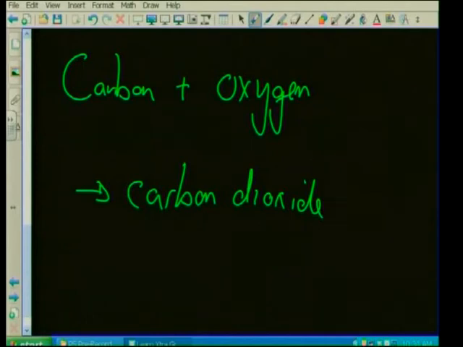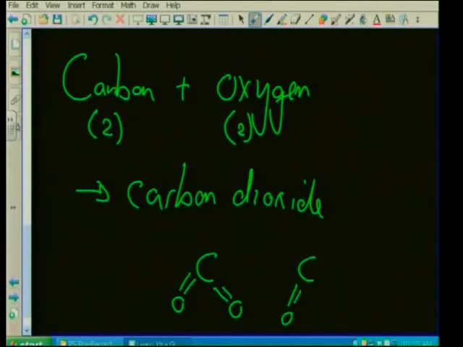Now, let's pretend that we've got 2 of those, and 2 of those. So a total of 2 atoms of carbon and 2 molecules of oxygen. And what we're going to get here is carbon is going to link up with an oxygen, and I'm just drawing that representation like that, and we're going to get another one.